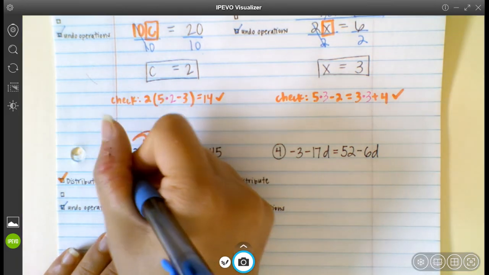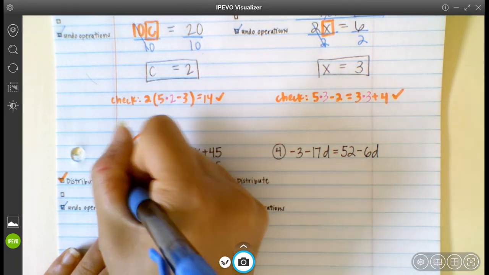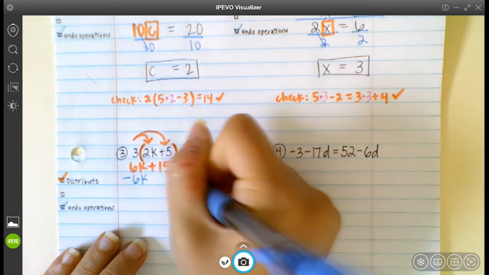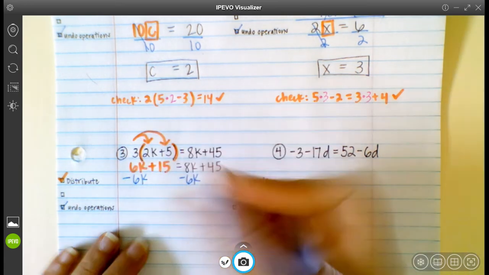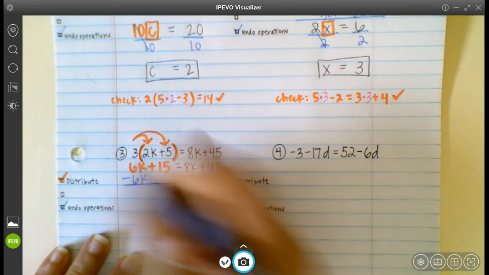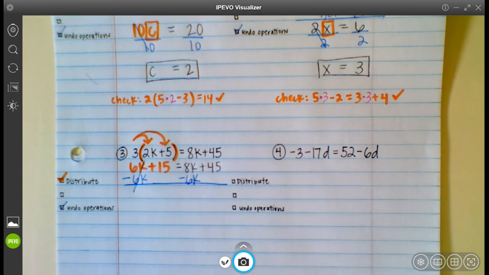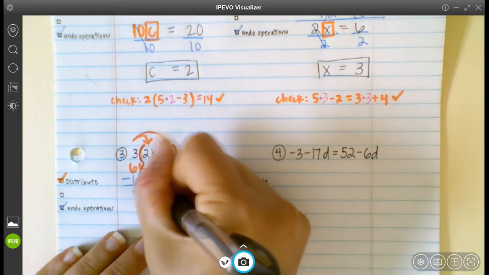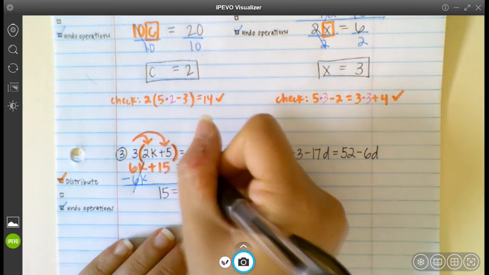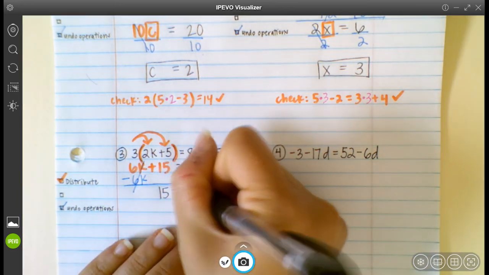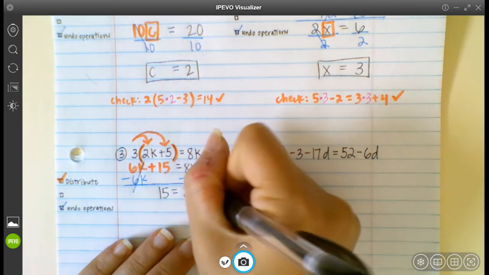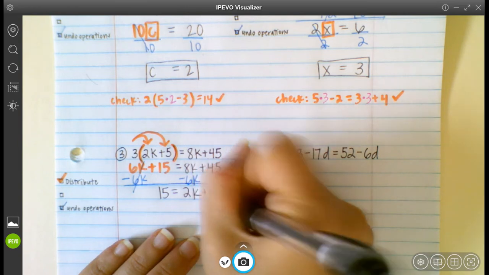So instead of having a positive 6k, let's undo it by subtracting it from both sides of our equal. Now when you do that, you're left with your 15 equals 8k minus 6k is 2k's, and we still have this 45 chilling like a villain.